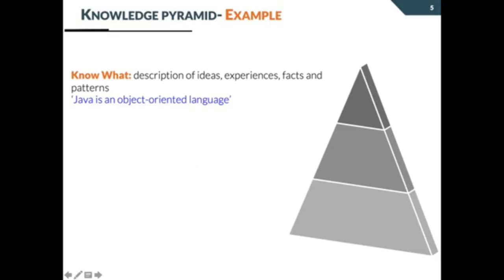One example is, if I ask you which programming language is useful for designing certain applications, you may come back and say Java is a very good programming language. So that's a know what.